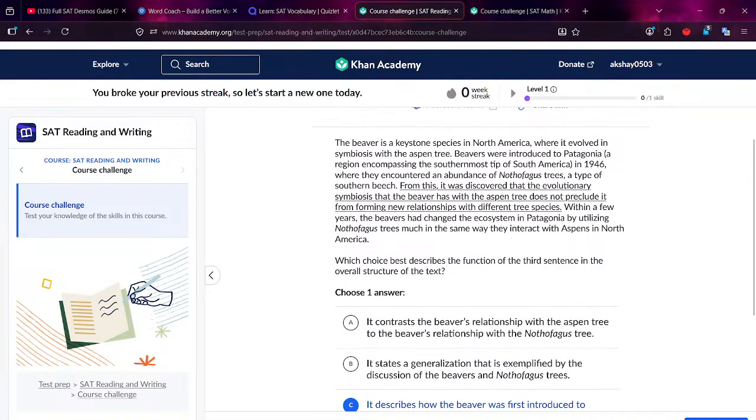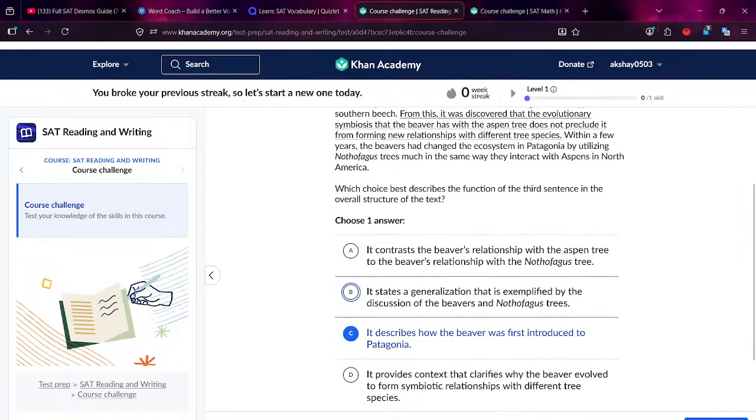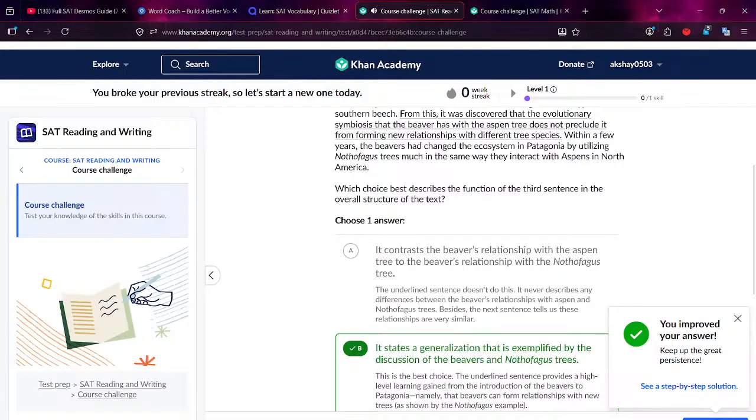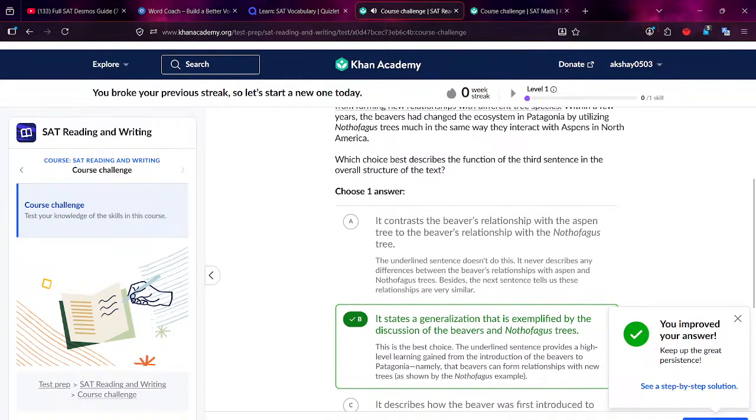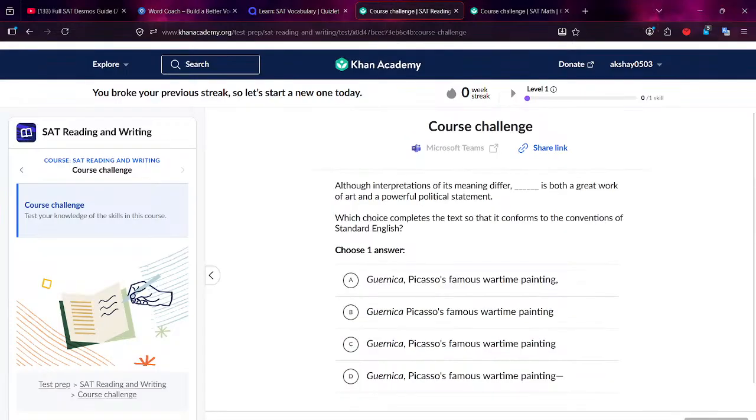So the beaver is a keystone species in North America. It was introduced. So this says how it was introduced. Not necessarily. It doesn't contrast it, so it's either B or C. The underlined sentence provides a high-level learning gain from the introduction of beavers. So that's a generalization.